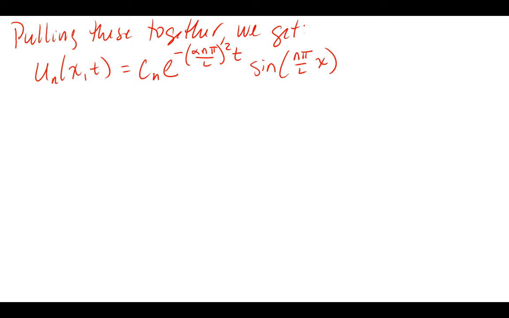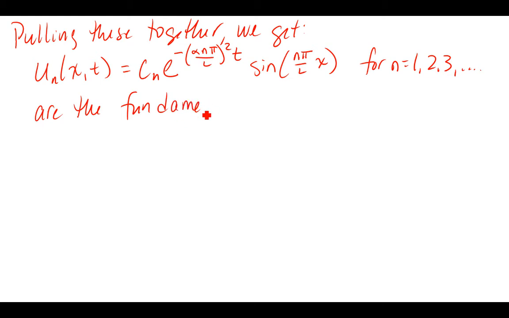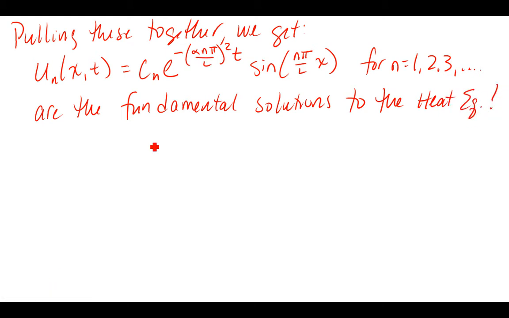So we get that these, and just a reminder, for n equals 1, 2, 3, and so on, are what are called the fundamental solutions to the heat equation. Right? In other words, they're all solutions.